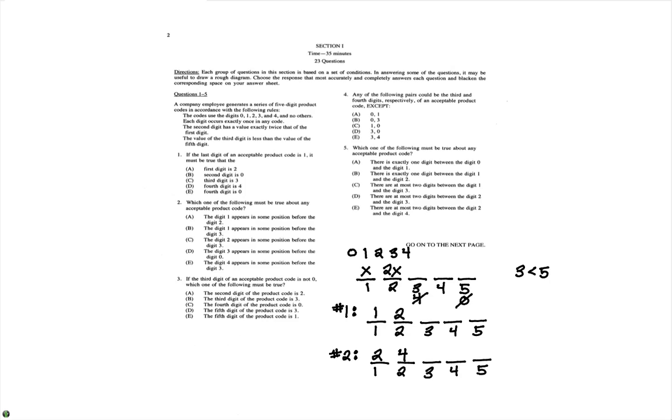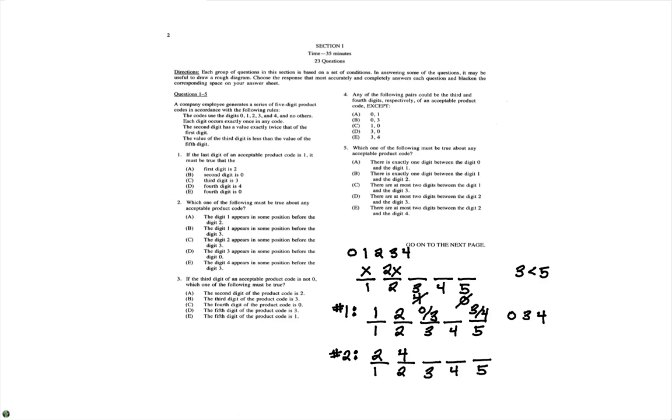In the first scenario here, we have the digits 0, 3, and 4 remaining. Again, we know 4 can't go in the third spot, so it can only be 0 or 3. We also know that 0 can't go in the last spot, so it can only be 3 or 4.